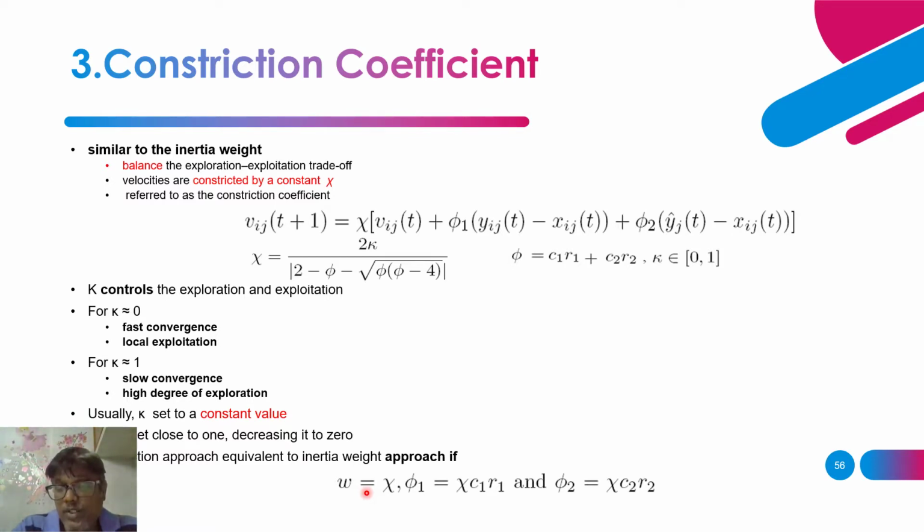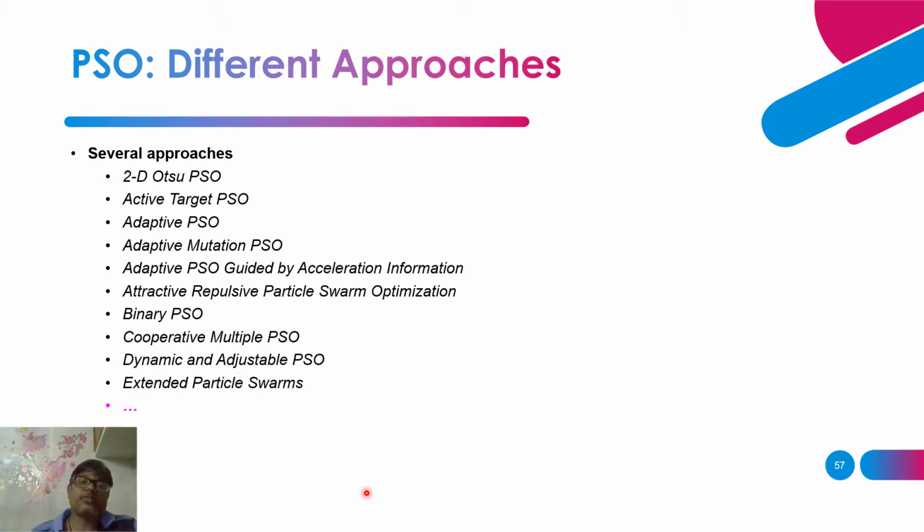So that's a special condition of your inertia weight. The third one is a special case. Apart from these three, there are other approaches also available, like active target PSO, adaptive PSO, adaptive mutation PSO, adaptive PSO guided by acceleration information, binary PSO, etc.